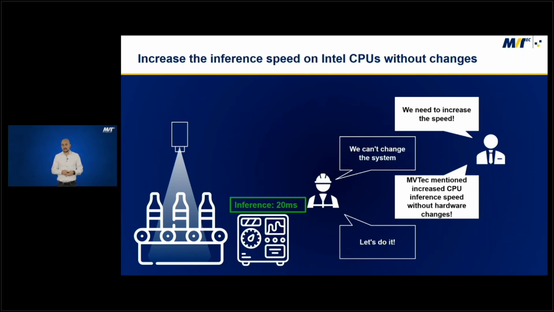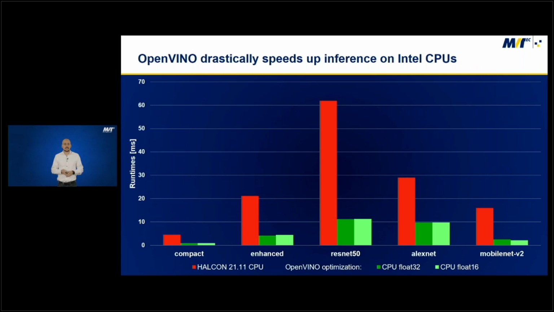And here you can see the benchmark values for the typical pre-trained networks in Halcon when you run them in the CPU implementation, or if you use the Openvino Toolkit plugin implementation. And the more complex the network, the higher the factor of the speed up. Here we benchmarked on an Intel Core i9 CPU, so it's already a quite powerful CPU.